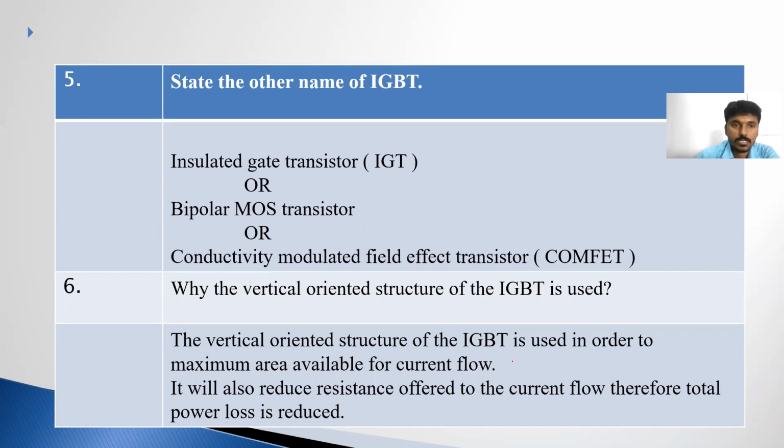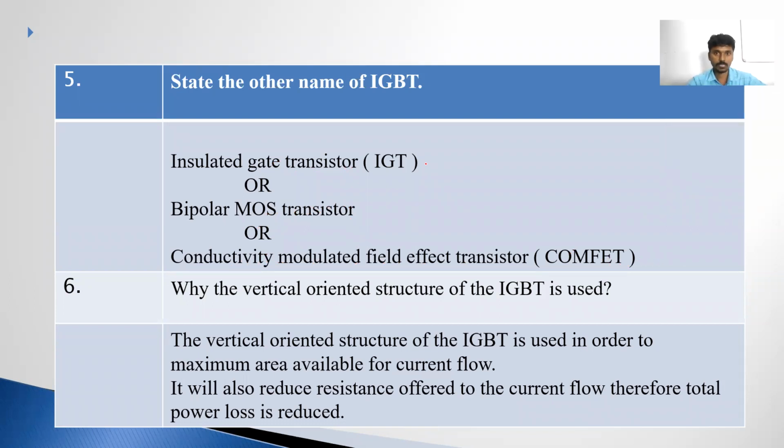Okay, so also we can call it insulated gate transistor. Also we can call it a bipolar MOS transistor, bipolar metal oxide semiconductor transistor, or also we can call it conductivity modulated field effect transistor, CMFET or COMFET. It has different names.